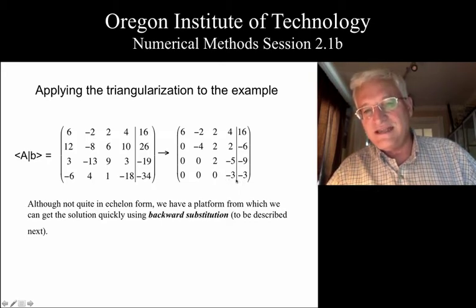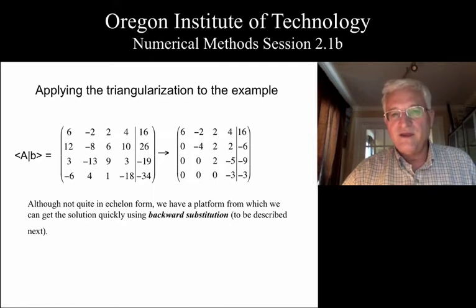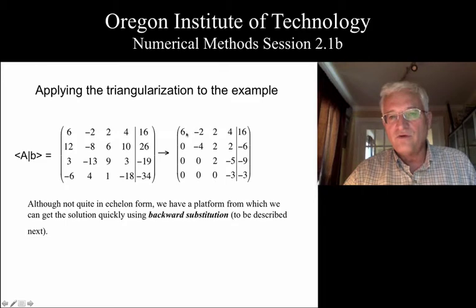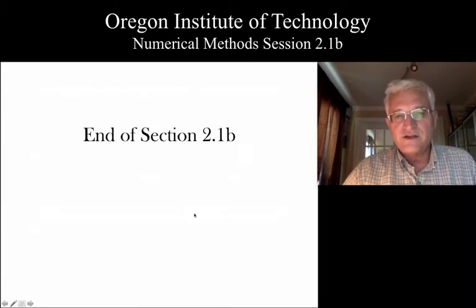You can sort of see right away that you can divide this whole thing by -3 and pick off the result, and the last variable is going to be equal to a 1. But we'll formalize that next time. And then by knowing that answer, we're going to daisy chain back through to find each variable along the way and come up with a solution without actually changing that matrix or trying to reduce it any further. So that takes us to the end of section 2.1b, and we will pick it up with more back substitution next time.